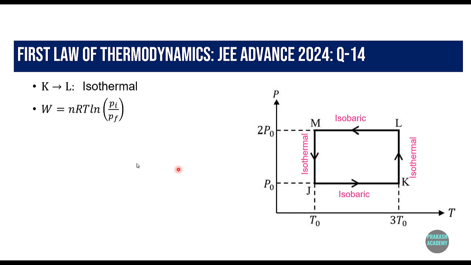Once again, work done in an isothermal process is nRT log Pi by Pf. We have already shown this in the first part. Now let us plug in all the values.